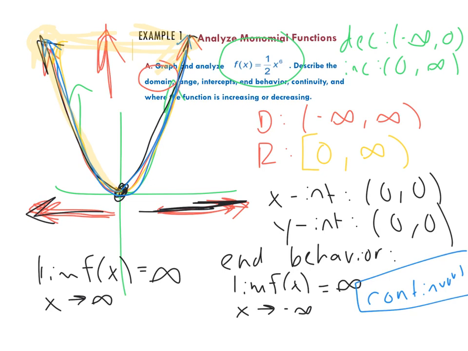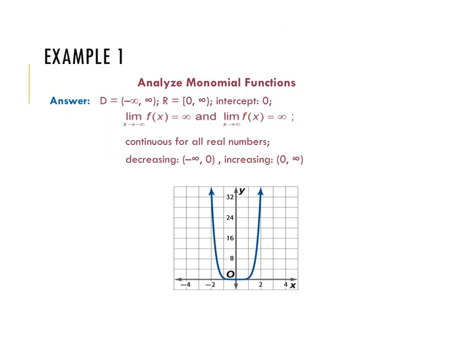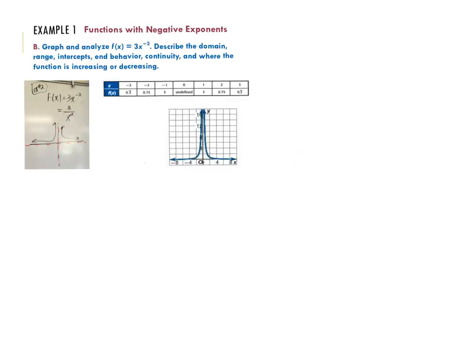And so that would be how you solve this problem. Let's check the answer. That looks more or less like something we have. All our answers are good, so we're good to move on to the next example.